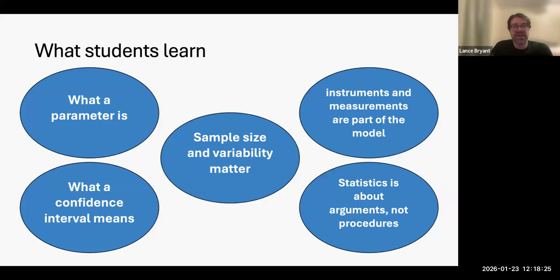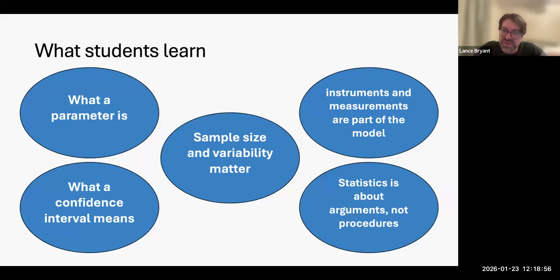And so as we got around to the conclusion of it, here were some things that I had in mind. I wanted to have them really think about a parameter, and that's one reason why I did the offset with the parameter there in part two. Think about what a confidence interval is and whether it plausibly includes that claimed value.